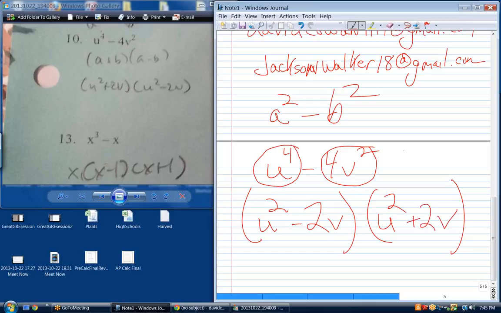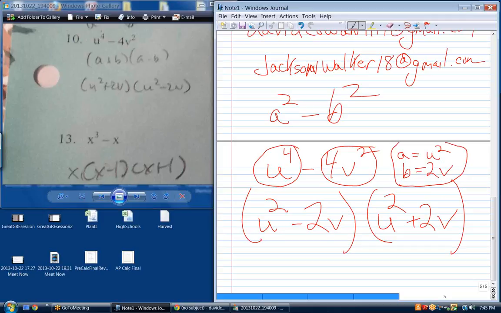Another way to look at this is to use substitution. Let a equal u squared. Let b equal 2v. Now, somebody may not have pointed that method out to you, but it actually makes understanding it a little easier.